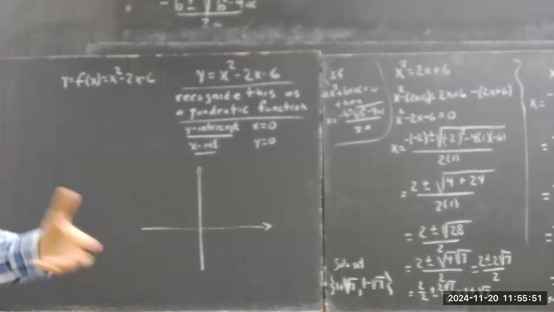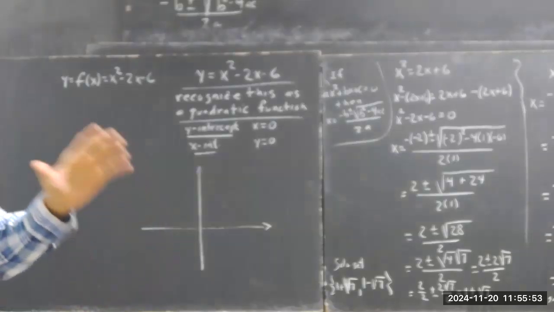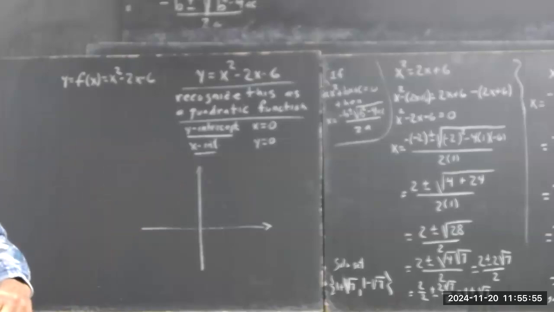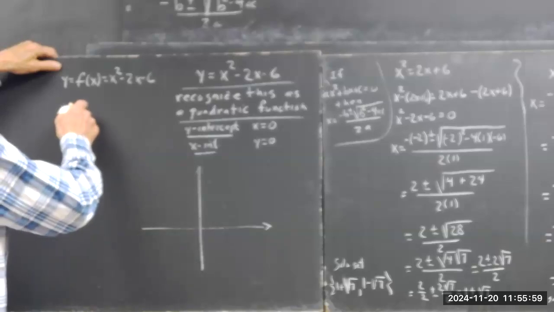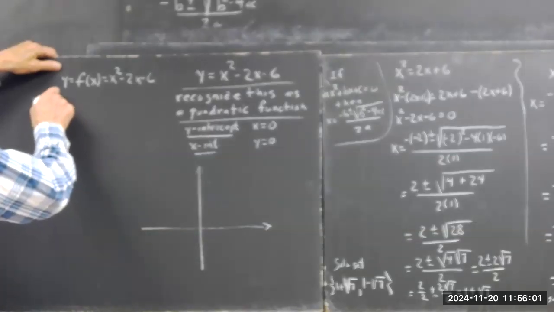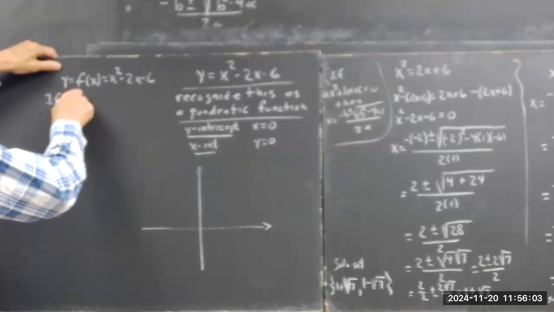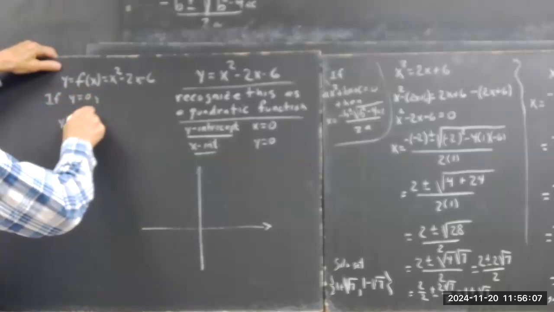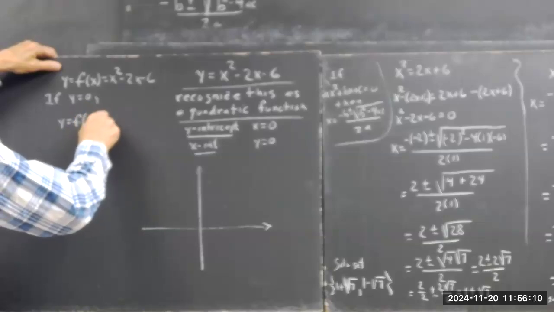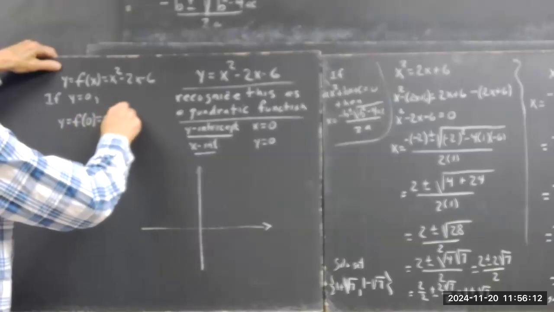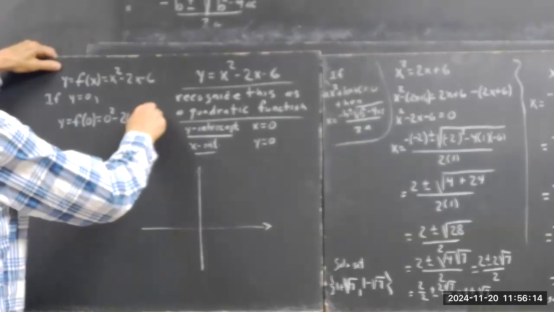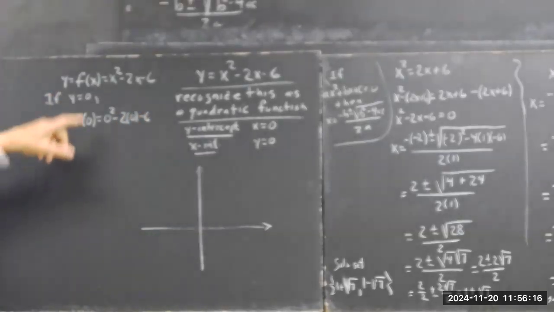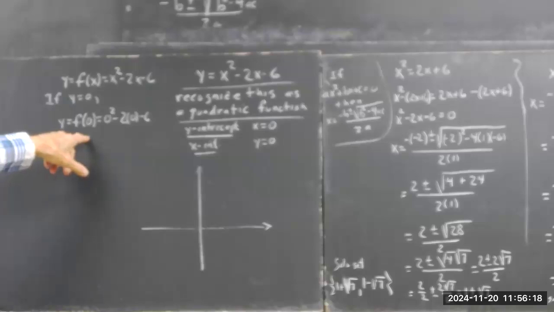We'll talk a little bit more about it, but this is a good opportunity to give you just a taste of it, and you're going to get more than a taste of it in the next couple of classes. If x equals 0, first of all, replace this x by 0, and then replace all these x's by 0.